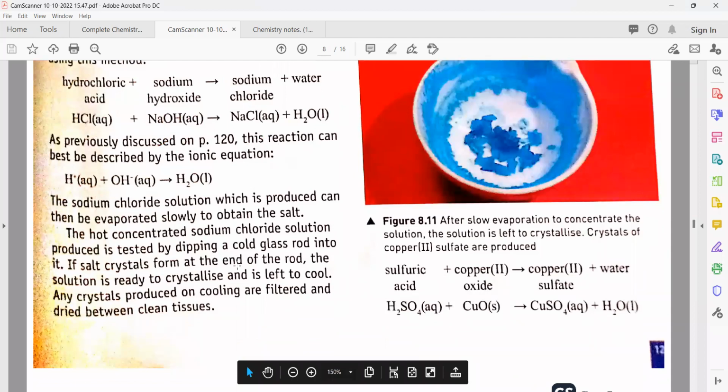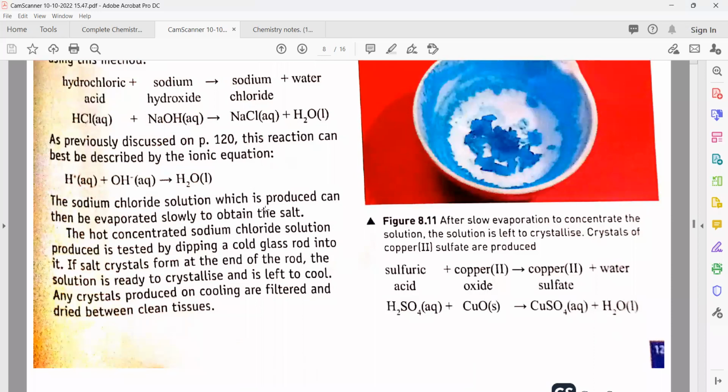the sodium chloride solution which is produced can be evaporated slowly to obtain the salt. The hot concentrated sodium chloride solution produced is tested by dipping a cold glass rod into it. If salt crystals form at the end of the rod, the solution is ready to crystallize. It is just a test.